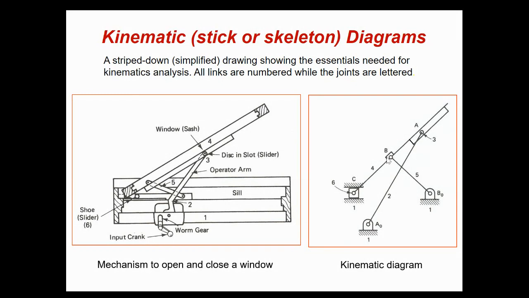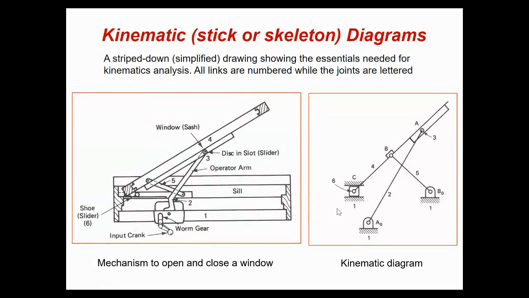Okay, if you don't put this part here, you might think that there is a revolute joint between this part of this link and that part of this link, which is not the case. And here we have again a prismatic joint, for example. So the kinematic diagram and the engineering drawings are different. Well, they are related, but they are different.